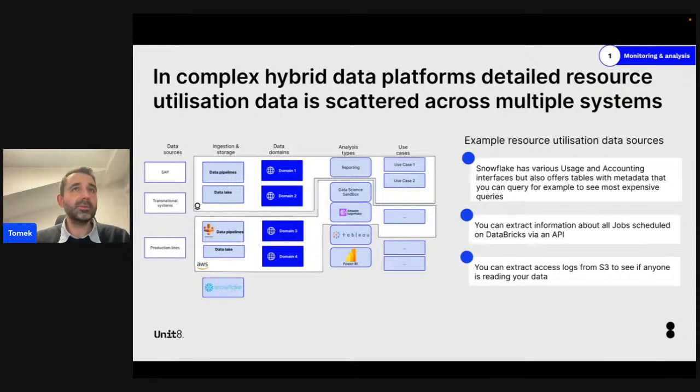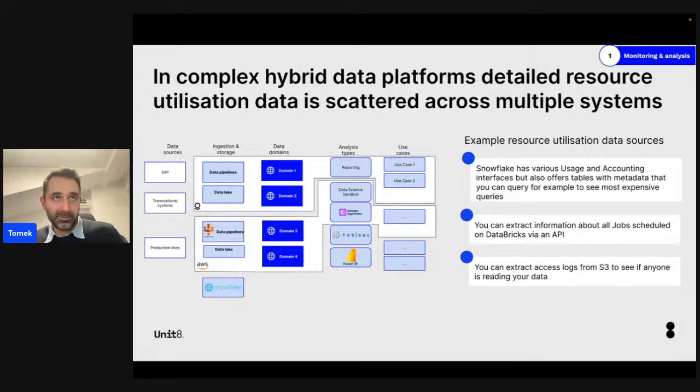Another thing in the monitoring and analysis area is that complex hybrid platforms are also very, very rich sources of data, especially those more complex platforms will provide a lot of data and a lot of details that you can use to your advantage to find actionable insights and actually reason about how the costs of your data platforms are evolving.